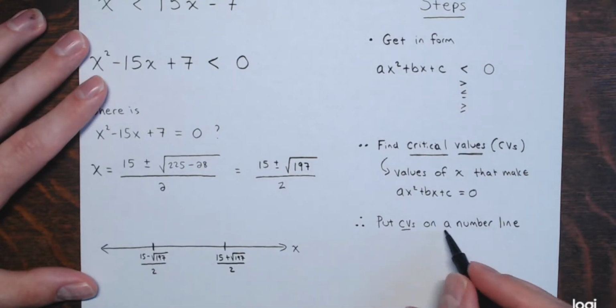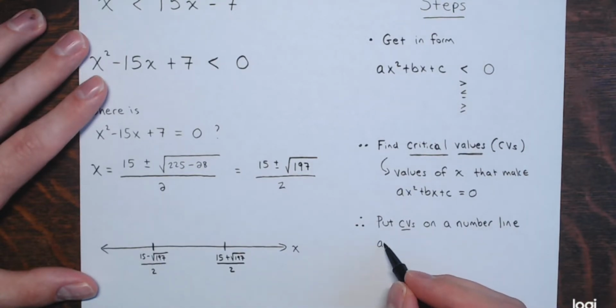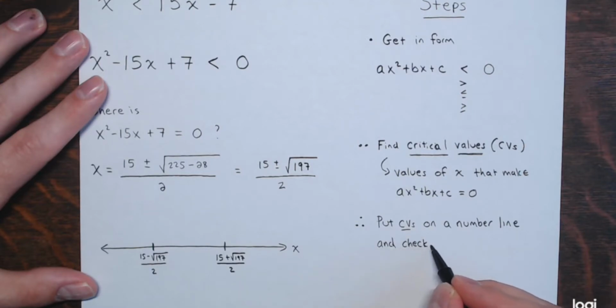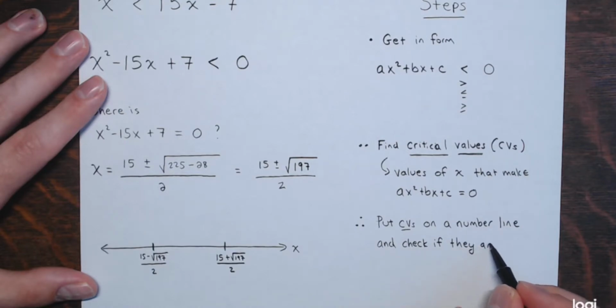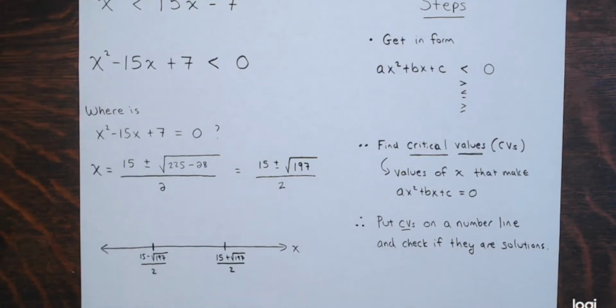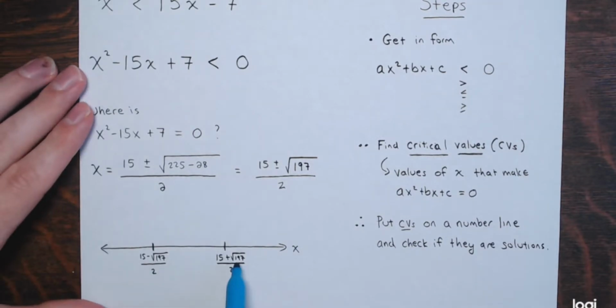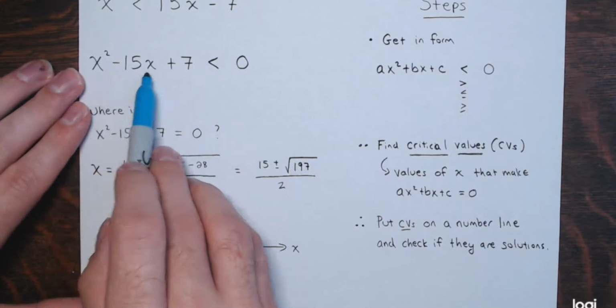Now, what I'm going to do is put these critical values on a number line and check if they're solutions. Are these solutions to the inequality? Well, remember, if I plug either of these numbers in, we'll have 0 on the left, right?